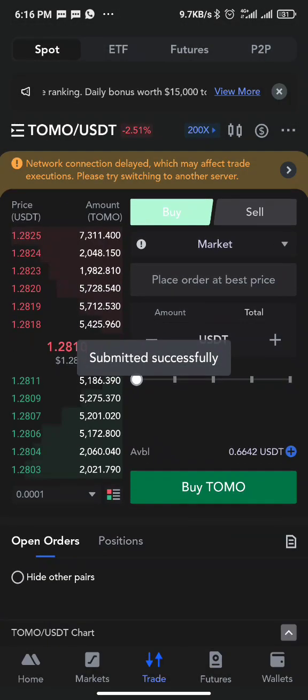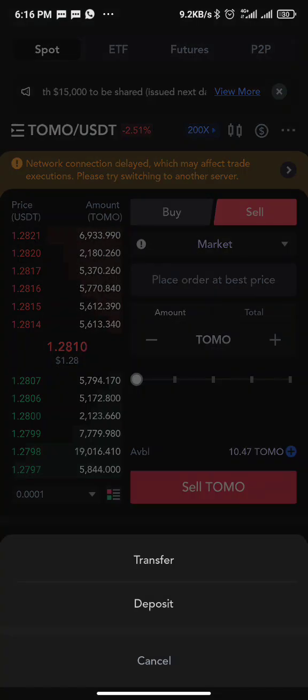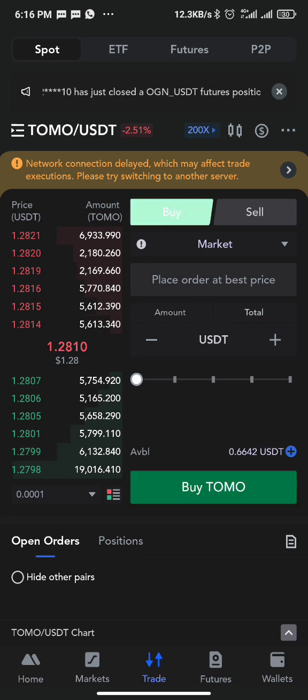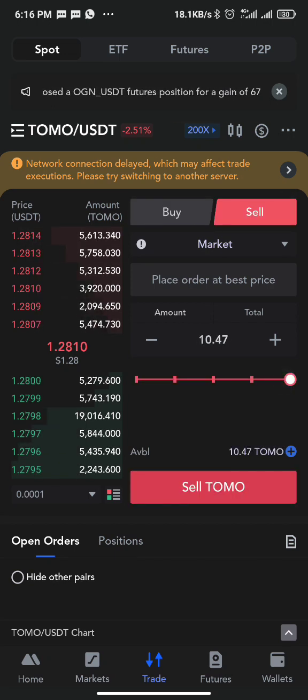Automatically you see that I now have, if you check the sell, available 10.4 Tomo. So that's for that. So let's turn back, and I want to sell it instantly, 100% sell.